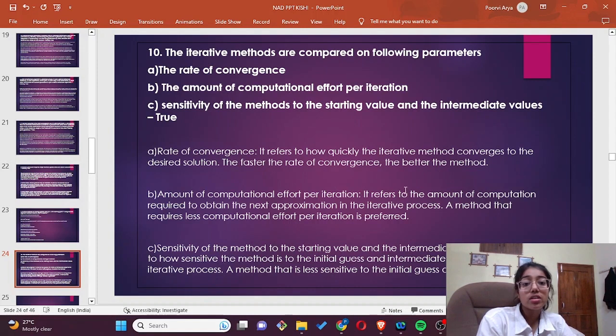The amount of computational effort refers to the amount of computation required to obtain the next approximation in the iterative process. And the third is sensitivity of the method to starting value and intermediate values. This refers to how sensitive the method is to the initial guess and intermediate values used in the iterative process. So this is also true.